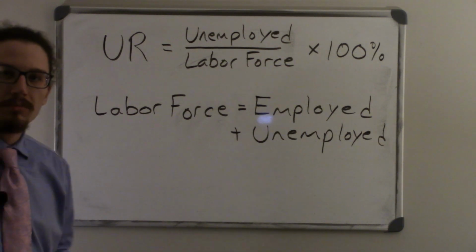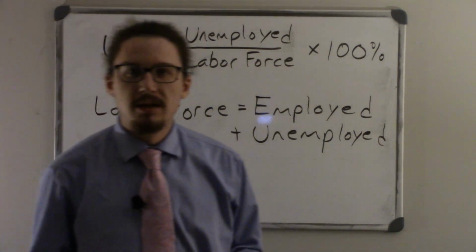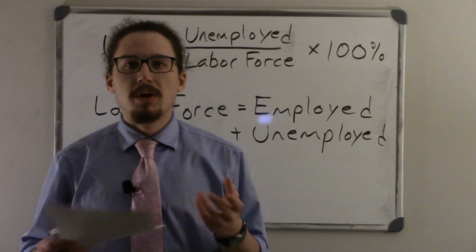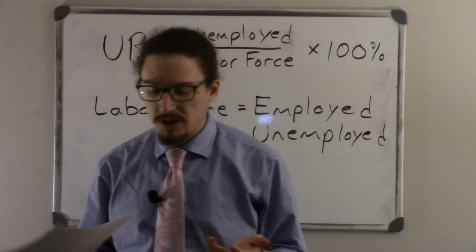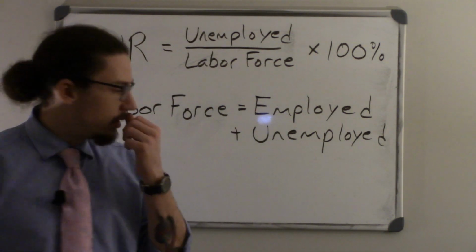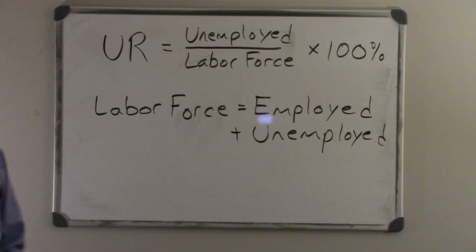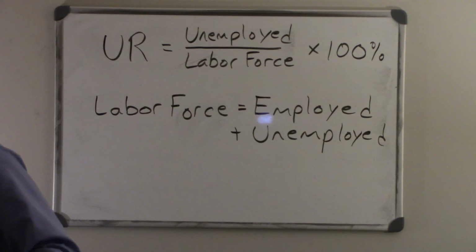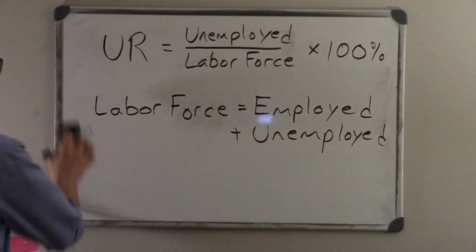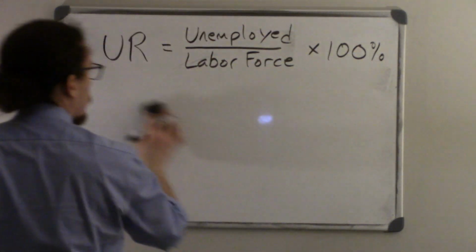And if you're unemployed, you're still actively participating in the labor market because you are searching for a job. You're trying to get a job, that is engaging with the labor market. So that is what our labor force is: the total number of employed and unemployed individuals.